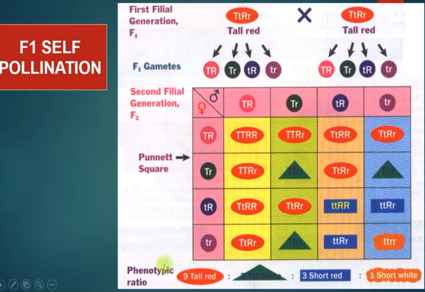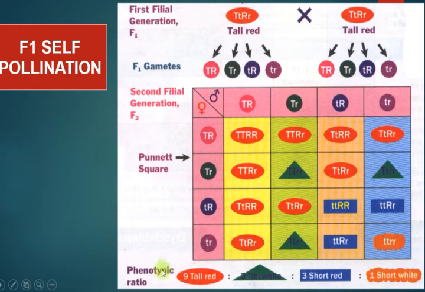So at the end, we will get the phenotype ratio here, which is 9 tall and red color of the flower, 3 tall and white color of flower, 3 short and red color of the flower, and 1 short and white color of the flower.